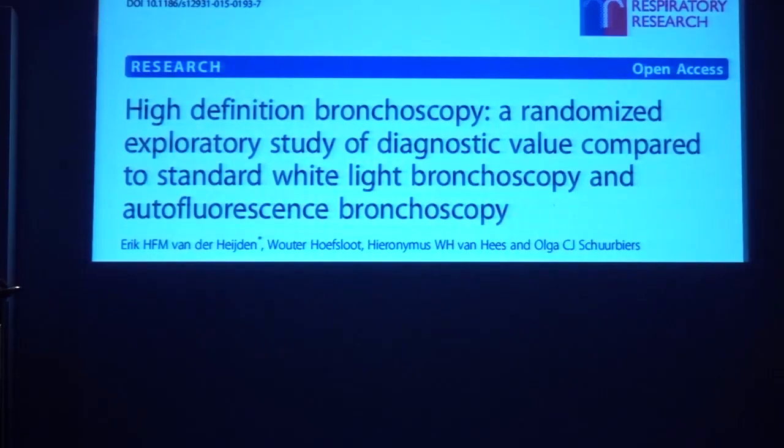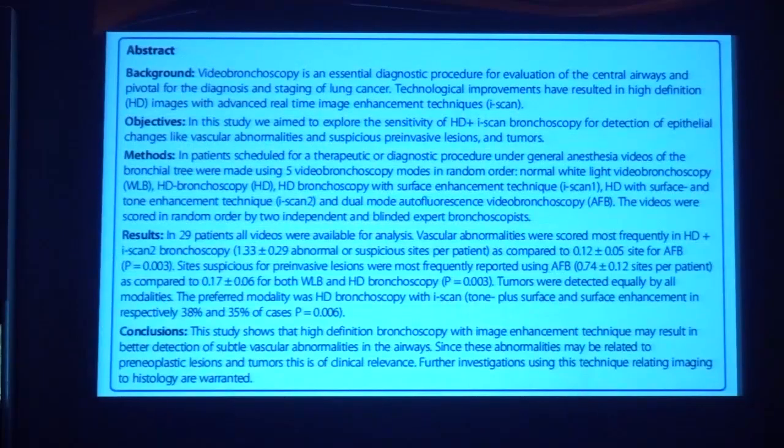And this is the research that is going on, because they are trying to get a clue from the pattern of the abnormality of the vasculature of the tumor, and whether it correlates with the type and the pathology. Thank you.